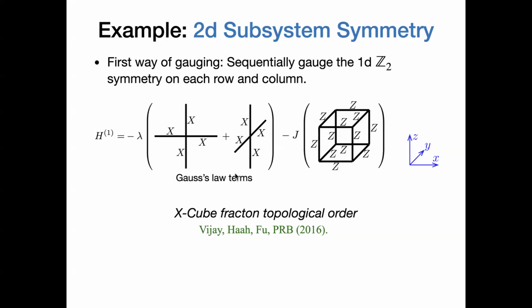But that term is not an independent stabilizer. It is equal to the product of these two, and therefore we don't have that term in our Hamiltonian. Because it is not independent, that doesn't change the ground state and doesn't change the topological order. Okay. Any questions about this?